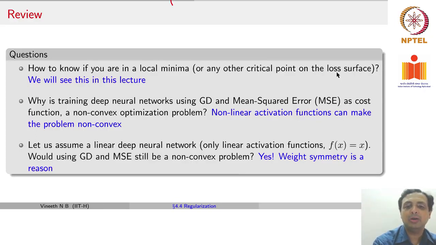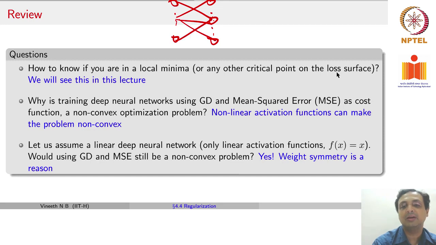Now, if you take any two layers in a neural network, let's connect them using some set of weights. It's obviously fully connected, but these are some set of weights.